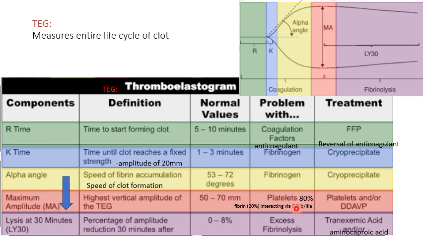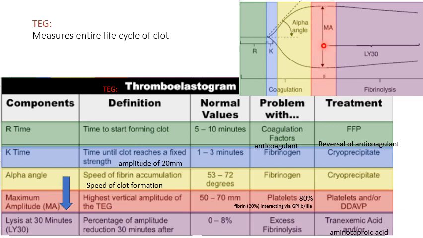So in that case also, this maximum amplitude (MA) will decrease. Or sometimes, if uremia is going on, in that case also there could be platelet dysfunction. In that case, DDAVP may be required. So this is about the maximum amplitude.